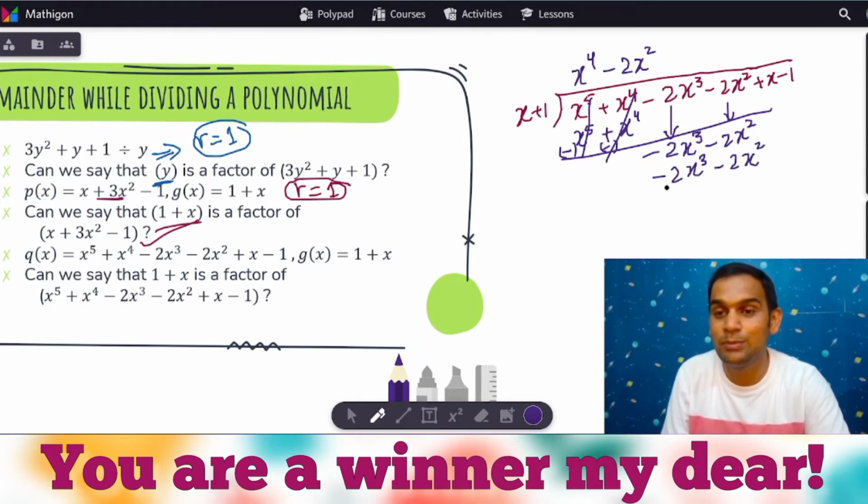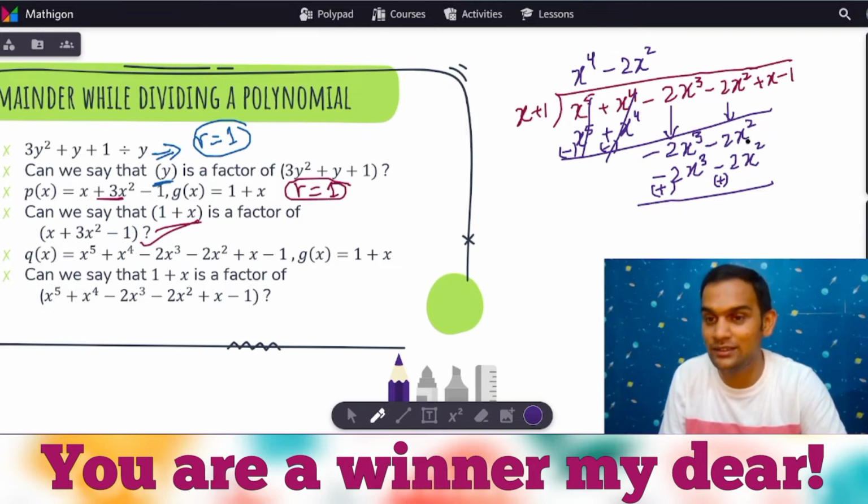Yes, so this becomes a plus, and then again this becomes a plus. Yeah, so then when we subtract, again it is cancelling out very easily. Yes, it is going to cancel out because minus and plus, so they get cancelled out, minus and plus, so they get cancelled out. I am remaining with x minus 1 over here.